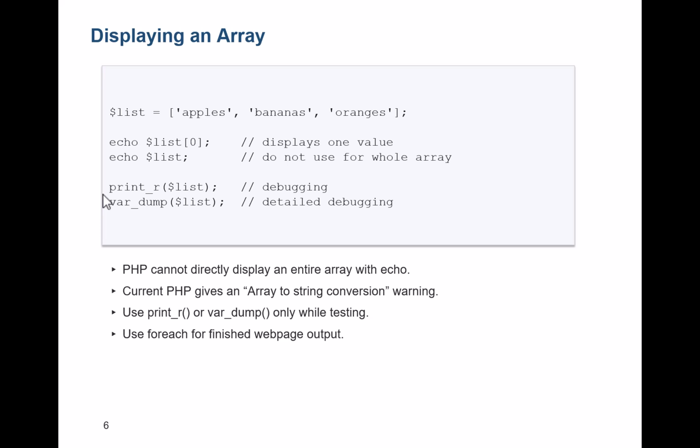When we want to inspect an entire array while testing code, we can use the print_r function or the var_dump function. These are developer troubleshooting tools. They allow us to look inside a variable while writing and testing a program. They should not normally be used as the finished presentation that visitors see on a web page. Later in this presentation, we will use a foreach loop to display array values in a more organized way.